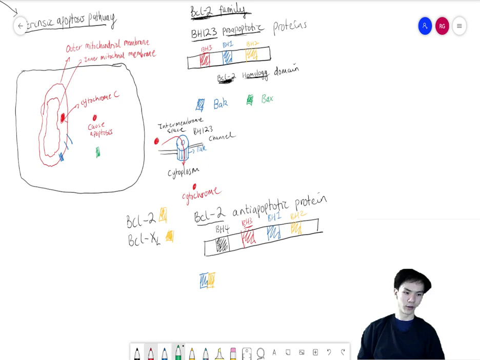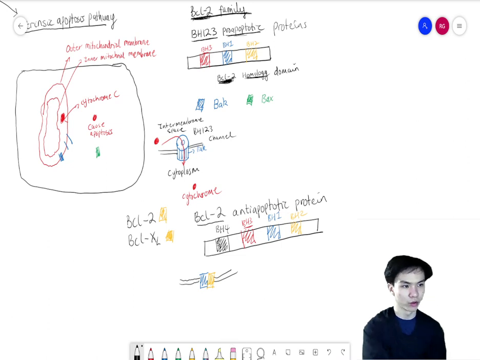This will, of course, be on the membrane. They're going to sequester them so that they can't form pores. If they're all bound to something else, then they won't be able to form a pore.